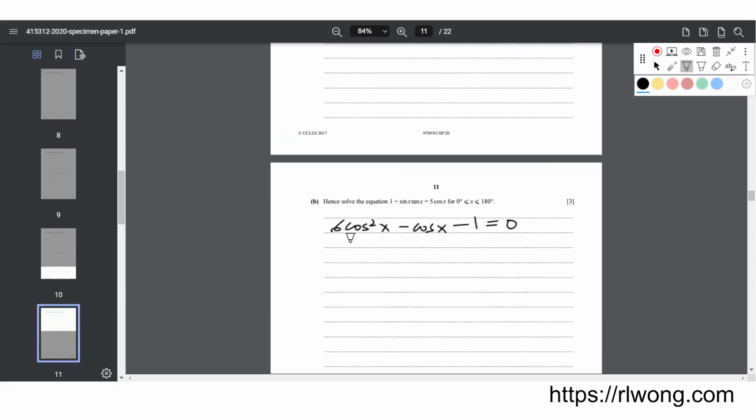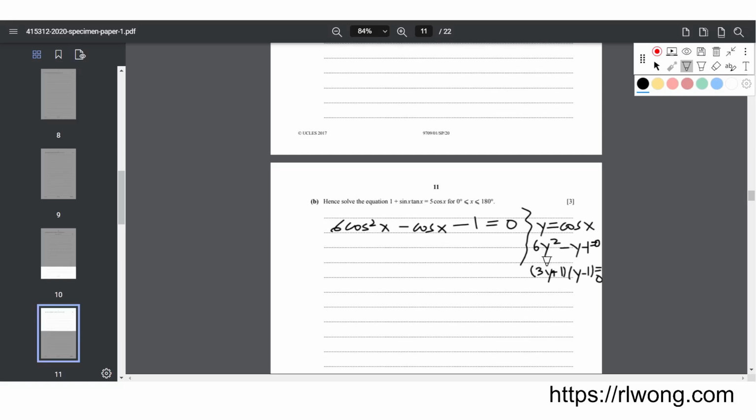So this is like solving quadratic equations. So it is like your y is equal to cosine x. So you are solving 6y squared minus y minus 1 equals to 0, right? So when you solve this, you will have 3y and 2y, minus 1 plus 1.